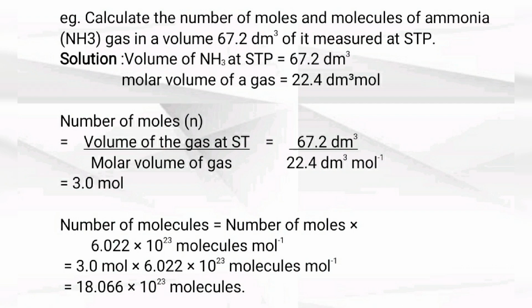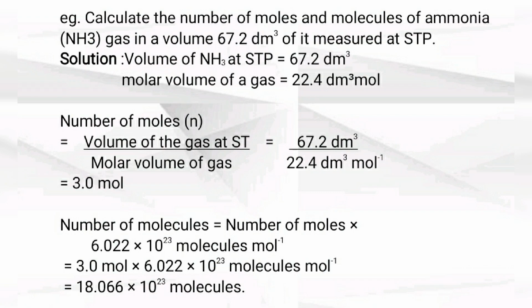Hence, the number of moles, the formula is volume of the gas at STP divided by molar volume of gas, which is 67.2 dm cube divided by 22.4 dm cube per mole. The result will be 3 mole. Hence, 3 moles of ammonia gas are present in 67.2 dm cube volume.